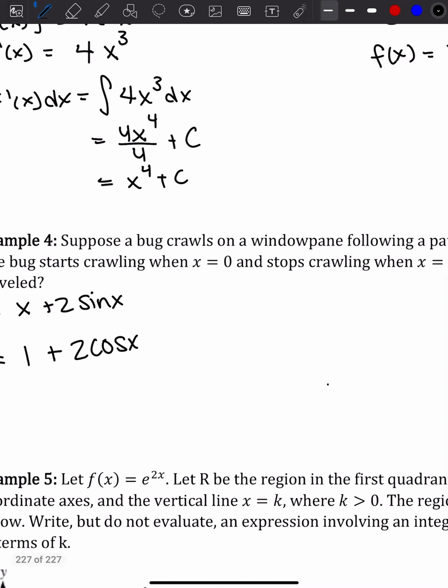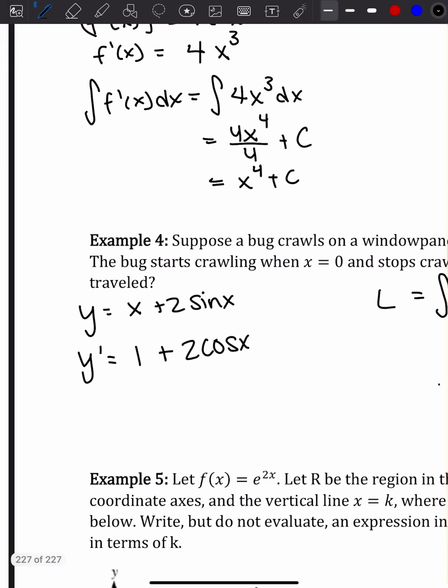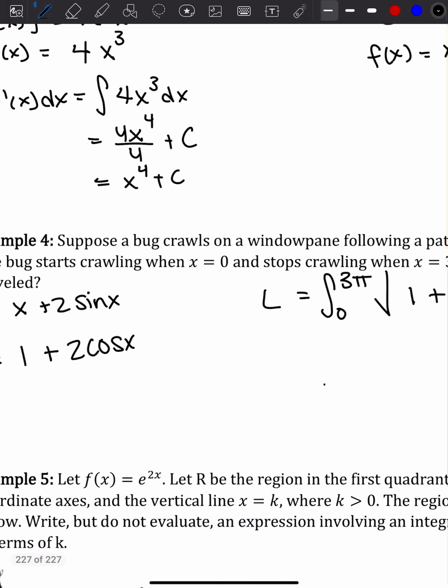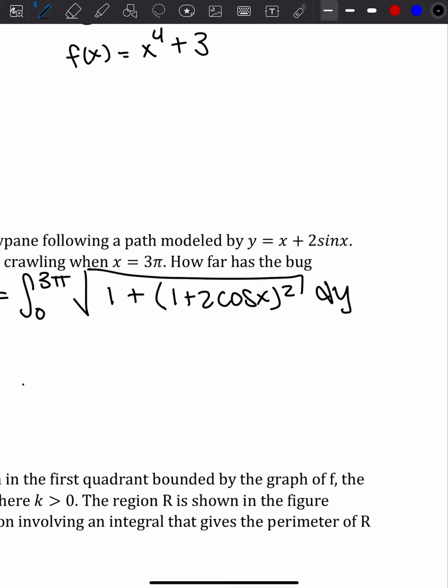Now we just need to find our arc length. So we start at 0 and we stop at 3 pi. And then we have our arc length formula, the integral of the square root of 1 plus, and then we have 1 plus 2 cosine x, and all of that needs to be squared, dx.